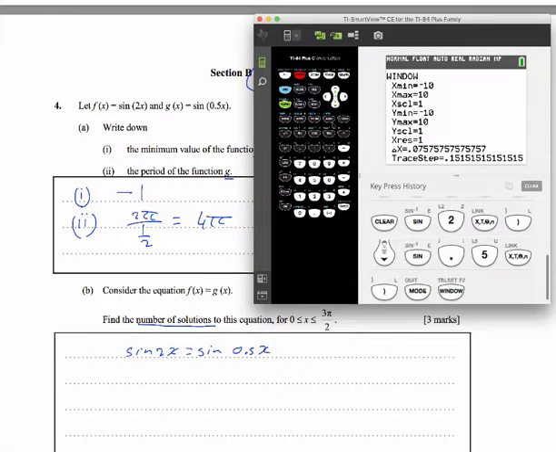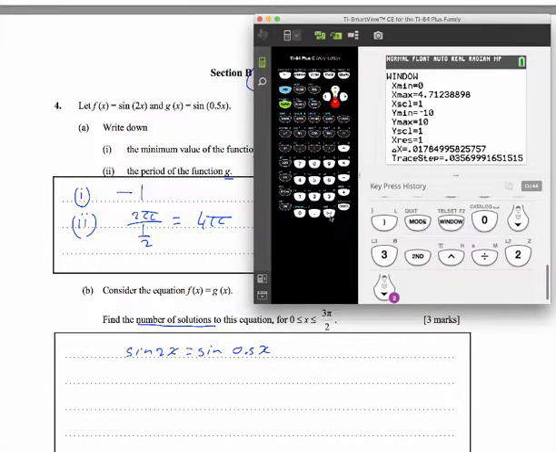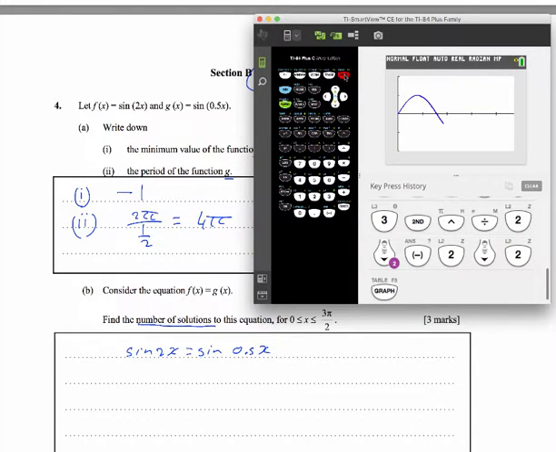I only need to go from 0 to 3 pi by 2. This seems to be appropriate. So that is, of course, my sine 2x. So 1, 2, 3, 4.